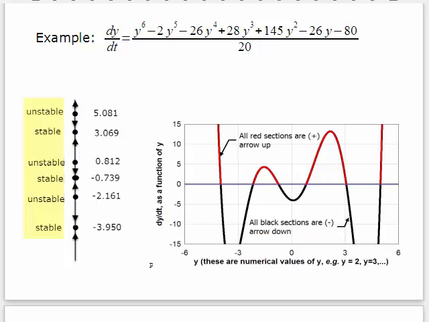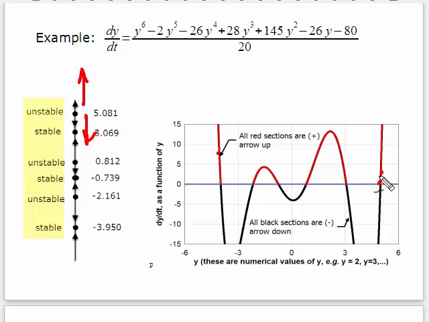We'll look at these in a more blown up version, but here's the idea. The curve was above the x-axis here, so we drew the arrow up. The curve is below the x-axis here, we draw the arrow down, and we say that's unstable.